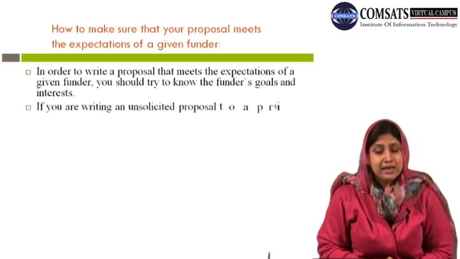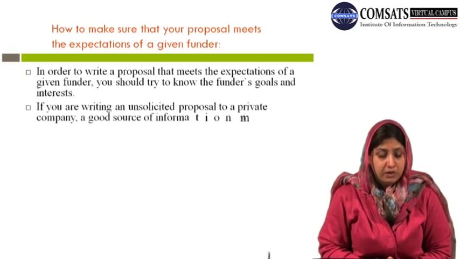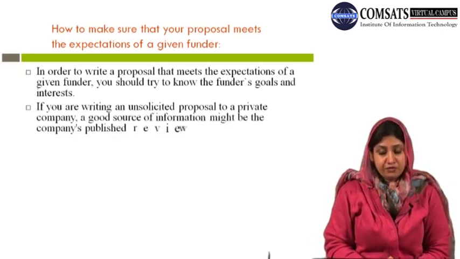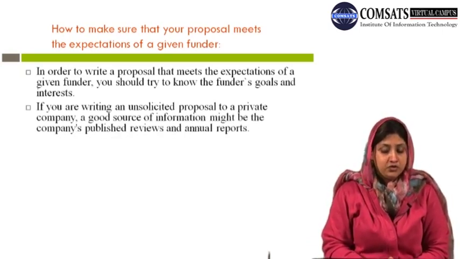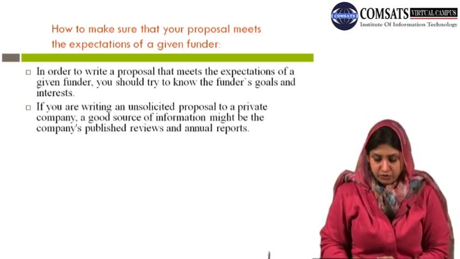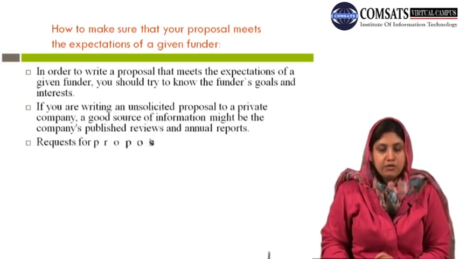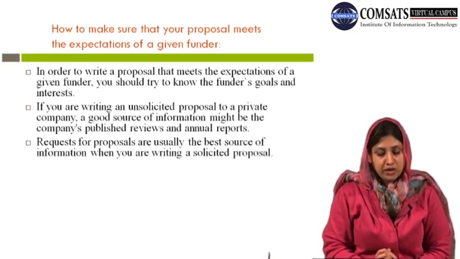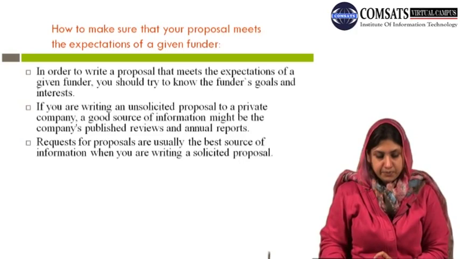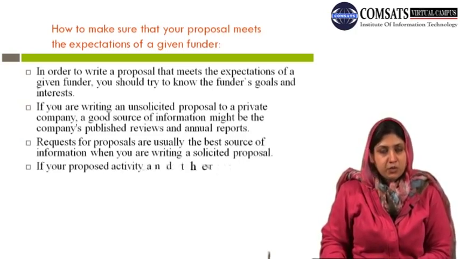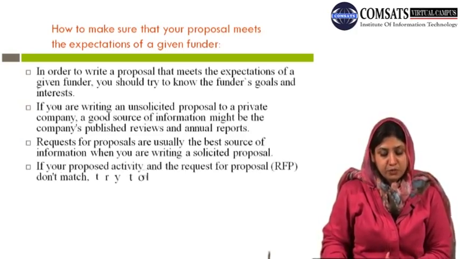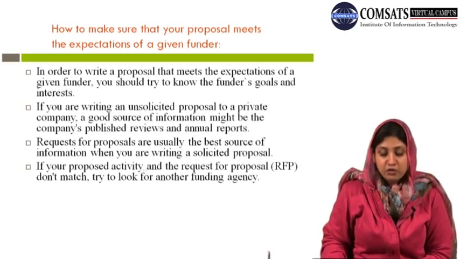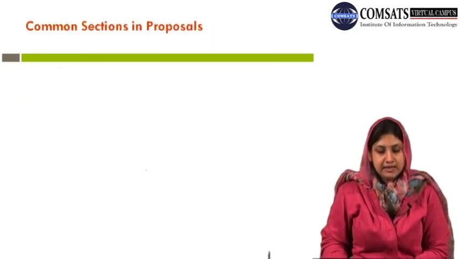If you are writing an unsolicited proposal to a private company, a good source of information might be the company's published reviews and annual reports. Requests for proposals are usually the best source of information when you are writing a solicited proposal. If your proposed activity and the request for proposal don't match, try to look for another funding agency.